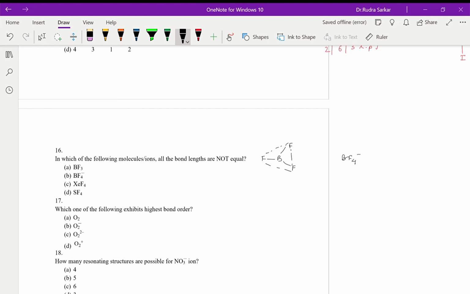For BF4 minus, the total valence electron count is going to be 3 plus 7 into 4, plus 1 for the negative charge over here. So we are getting an electron count of 28. The number is greater than... so not 28, it's basically 32.